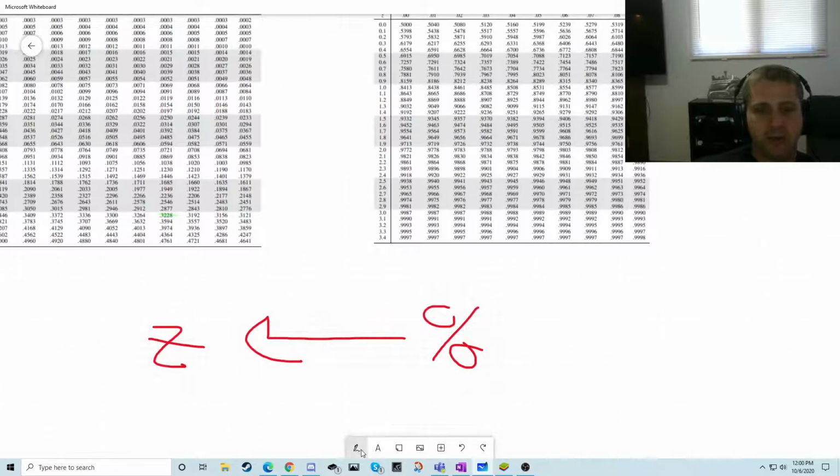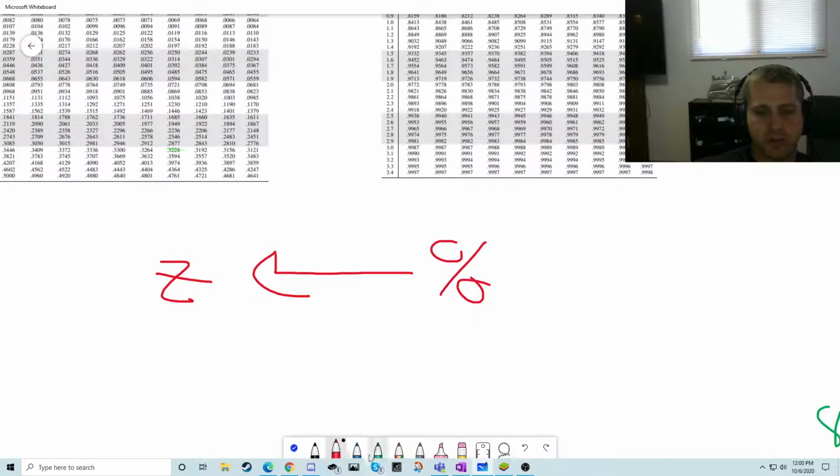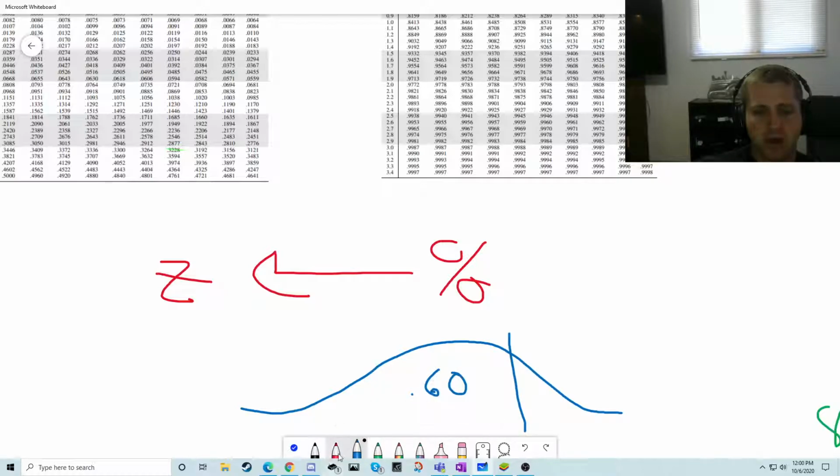So it would be a situation like this. Say I wanted to be at the 60th percentile. That means 60% are lower than me. I'm looking for a z-score that falls exactly higher than 60% of the data. This table can do that too. We just have to go reverse.